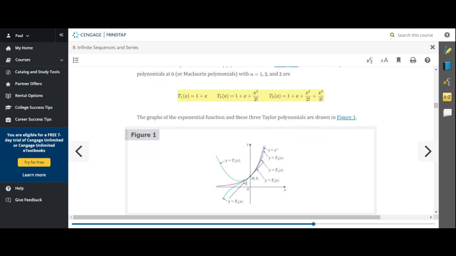Look at the exponential function in red and look at your three Taylor polynomials and tell me which one does the best job in approximating e to the x over the widest domain. Which Taylor polynomial is the best? The first, T1, the second, T2, or the third, T3? Which does the best job?